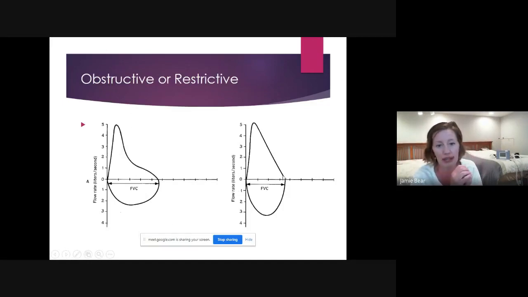And that's indicating a restrictive component, okay? So a lot of times, the more restricted, the more thin this will be. And that's because they can't get that breath in, so they're not getting a good volume. They're able to get out what they did take in, but it's an impairment of taking the breath in.